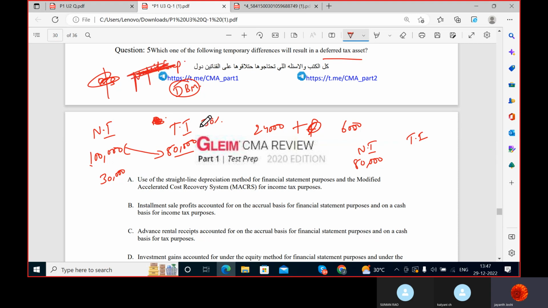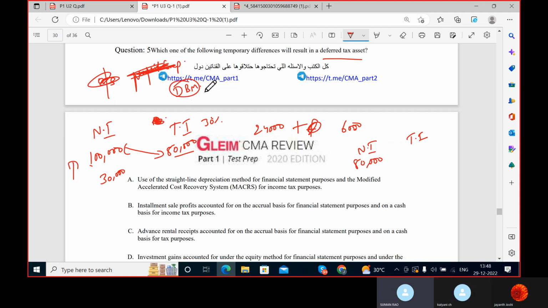We show them here but not there. So the taxable income is less and your financial income is high. Suman, are you understanding?